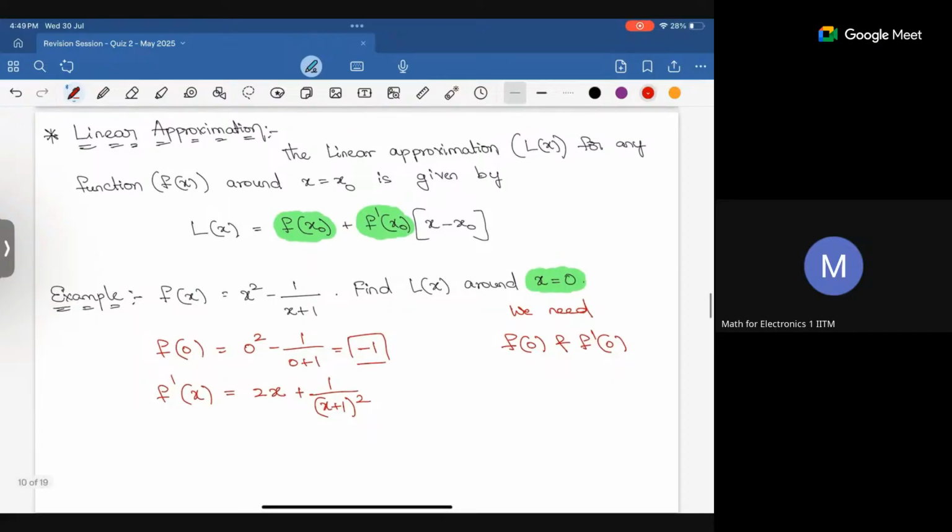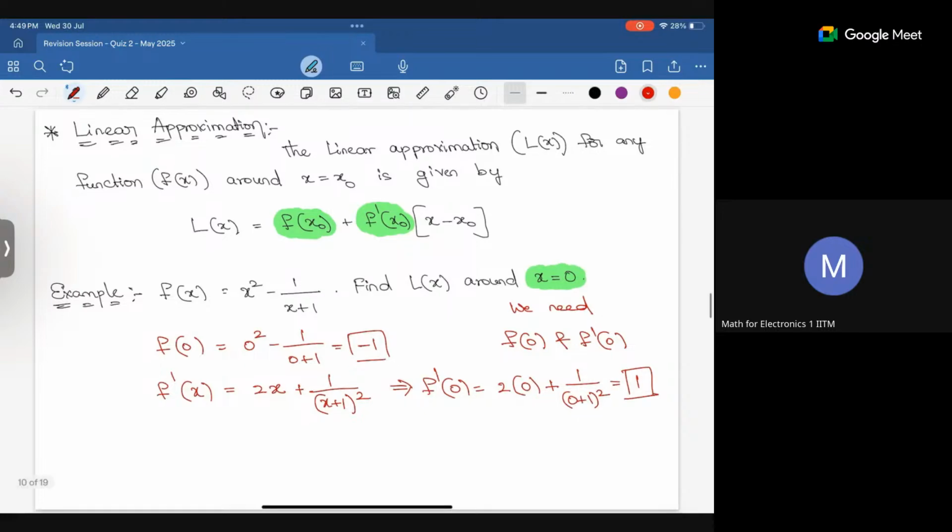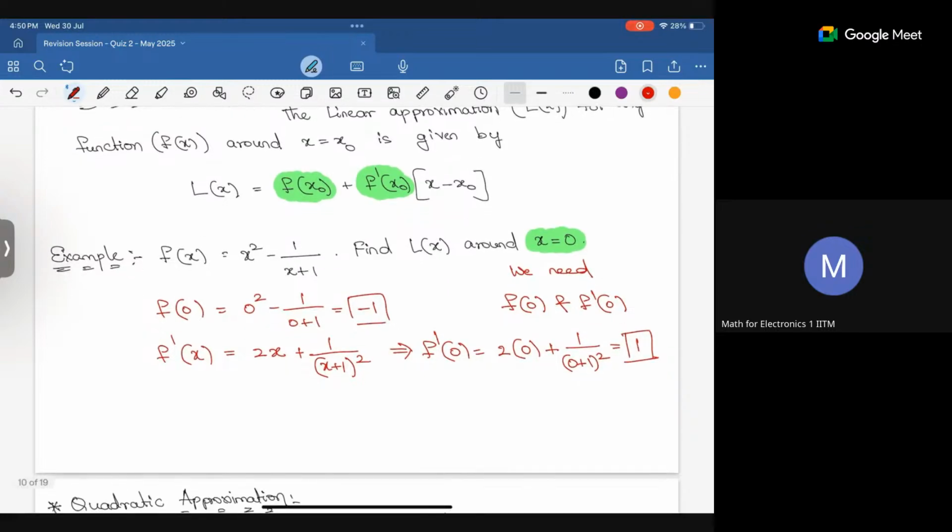Okay. So once we have this, we can find f prime of 0, which is 2 times 0 plus 1 by 0 plus 1 whole square, which will be 1 plus 1. Right. So we have the required values minus 1 and plus 1.